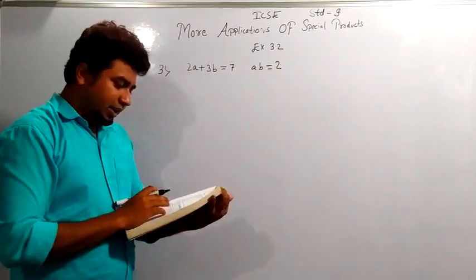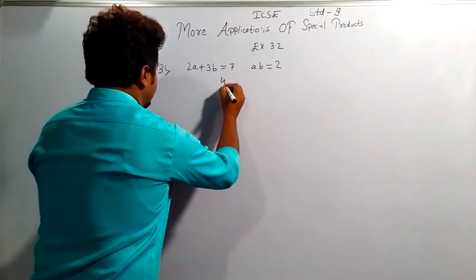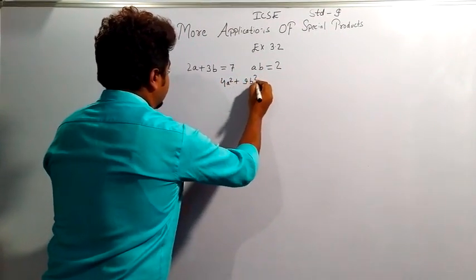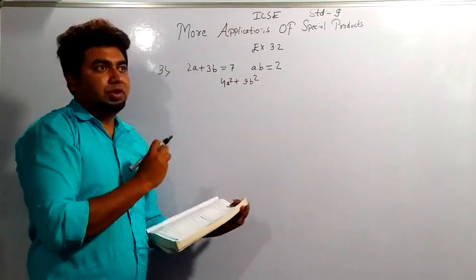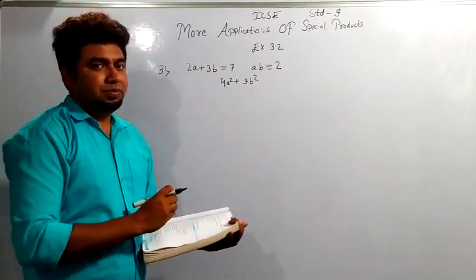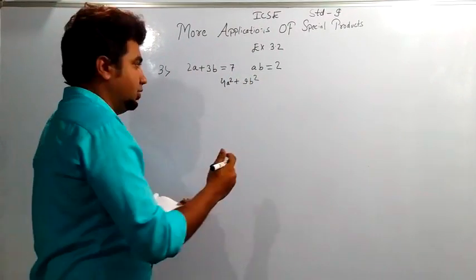We have to find the value of 4a square plus 9b square. You can see that 2a square is 4a square and 3b square is 9b square. It means we have to indirectly find the square of this term, 2a plus 3b whole square.